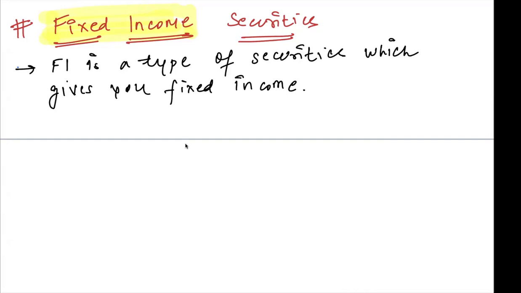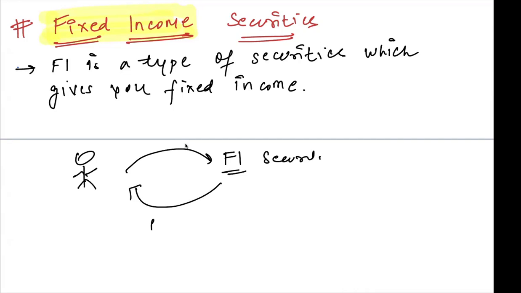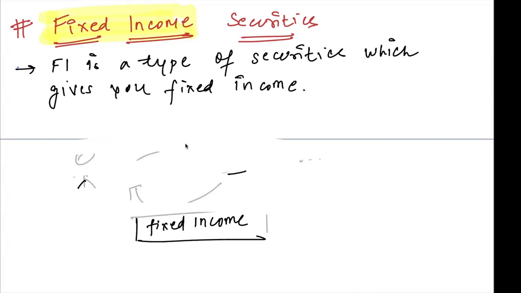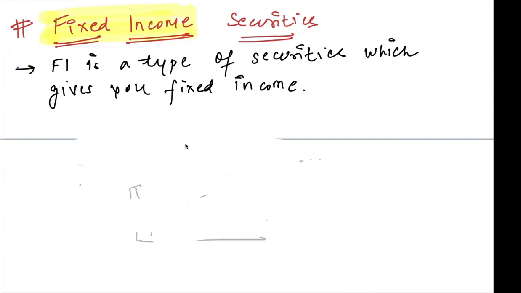Now you might be thinking, okay, I understand. Let's say person A bought a fixed income security. So what will he get? He'll get fixed income. But when will he get it?